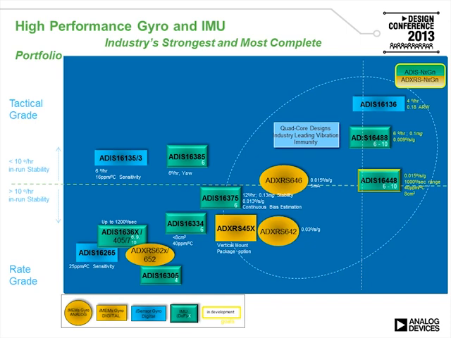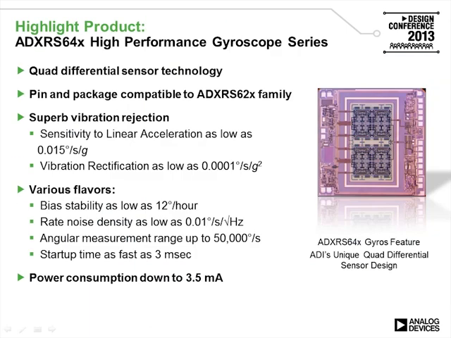We have, just like our portfolio of accelerometers, we also have a complete portfolio of gyroscopes and IMUs, and it's shown here for your reference. The gyroscope product we'd like to highlight is the ADXRS64X gyroscope series. This is a family of high-performance gyroscopes made using the quad-mass sensor structure shown in the previous slide.